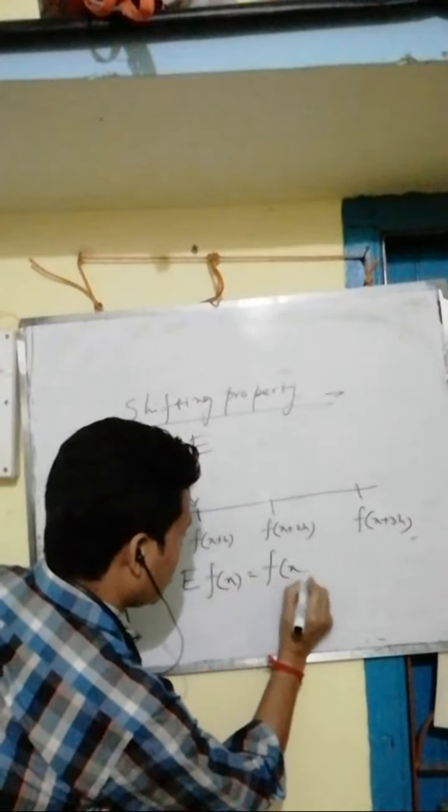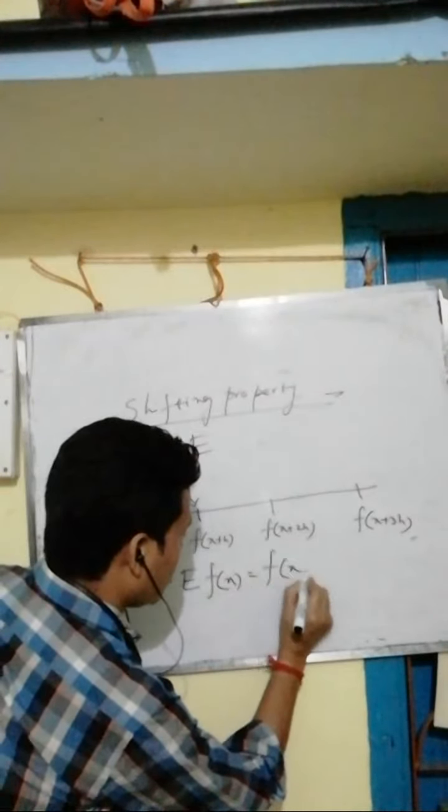So in general we can write the shifting operator in the form E to the power n f of x equal to f of x plus nh. If your n is 1, then it is E f of x equal to f of x plus h. If your n is 2, that means E square f of x equal to f of x plus 2h, etc. So in general we can write E to the power n f of x equal to f of x plus nh.